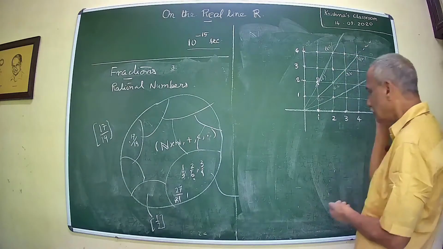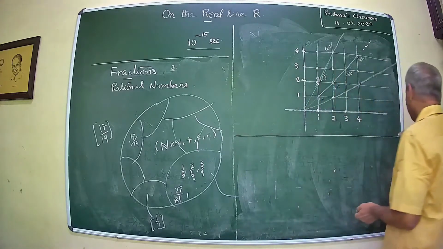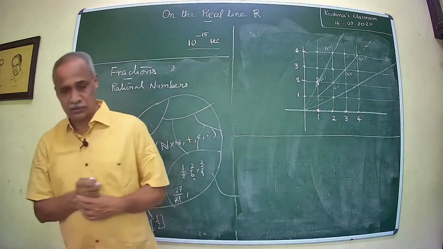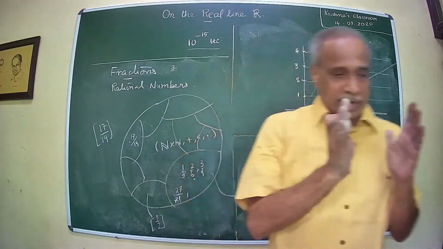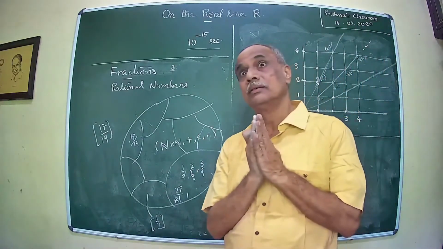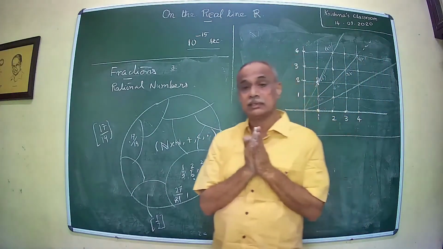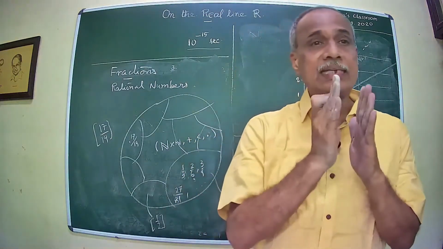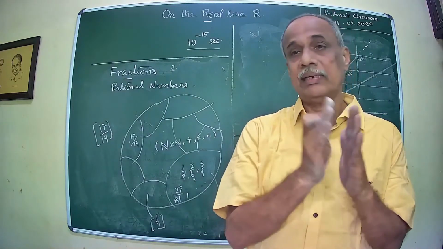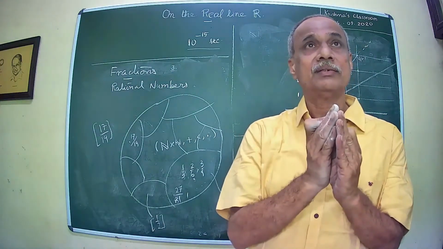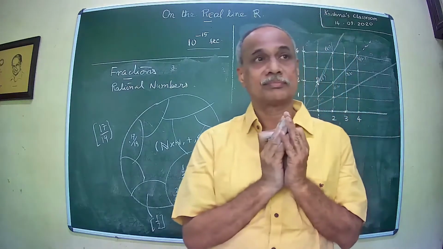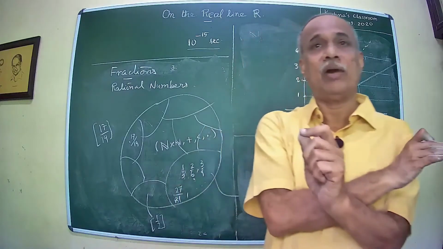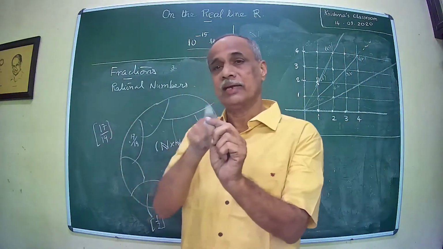What are the main important changes that have taken place? If you start with natural numbers, you see that there is a number next to a given natural number, because every number other than 1 has both a successor and a predecessor.